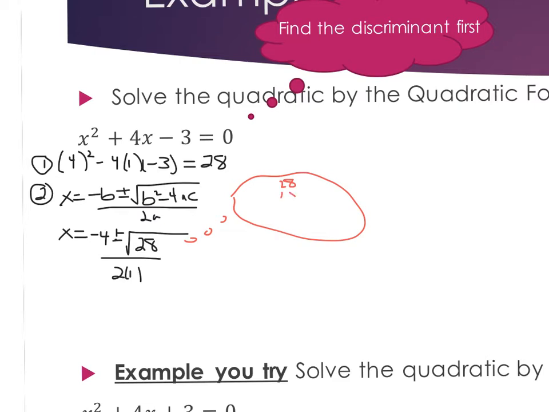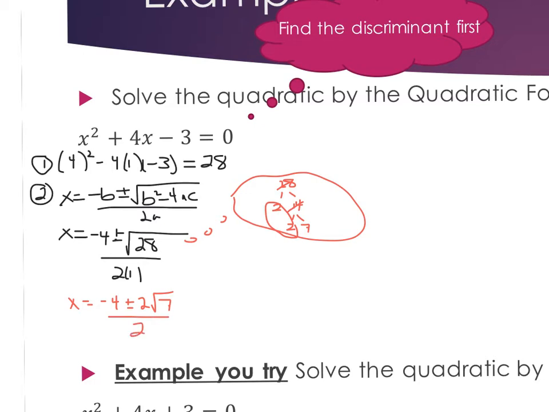Now remember, in order to come out of the square root sign, you have to have 2 of the same number. And we've broken down 28, we've broken down 14. Notice we have a pair of 2's here. So we can say x equals negative 4 plus or minus 2 square root 7 all over 2.